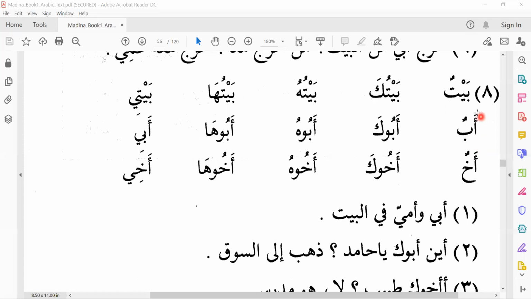But the words abun and akhun are exceptional. They take an additional waw when you join. Abun plus ka should be abuka without waw, but it's an exceptional rule. Abun, akhun will carry an additional waw when you join with the attached pronoun. So you have to say abuka, abuhu, abuha.